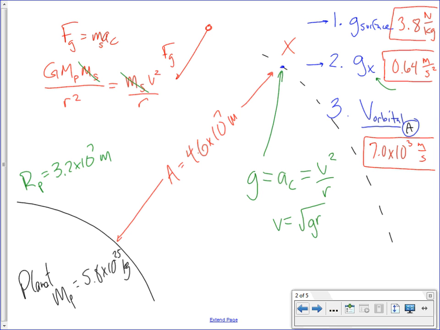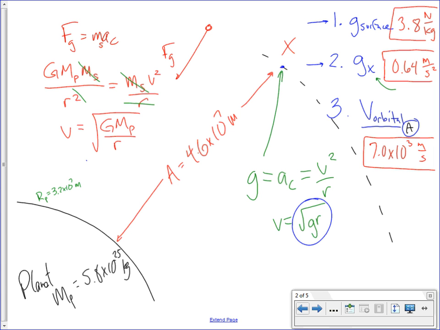The mass of the satellite cancels, and an r goes with an r. And this v, wait for it, v is the square root of G, mass of the planet over r. Well, those are the same thing. If you want to, you can prove that this and this are the same thing, but I'll just trust you'll do it one of those two ways. If you know g, boom, do that.